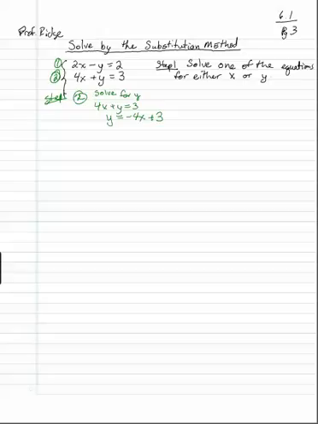Now step 2, we're going to take that result and plug it into the other equation. So that's really important, to use the other equation. Because the idea is we've got to take all the information from both equations and boil it down into one equation with one variable.